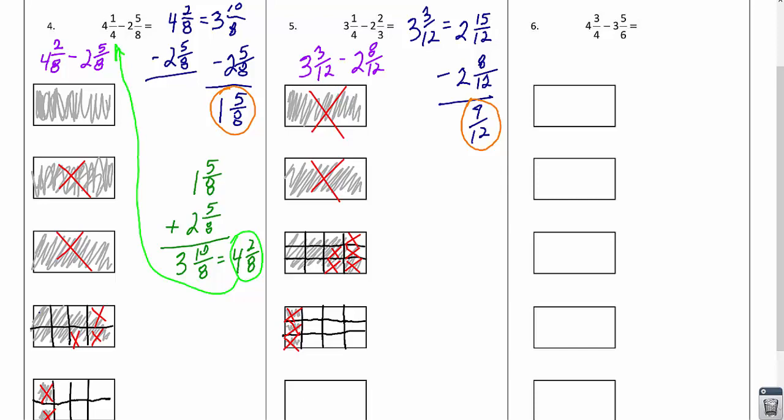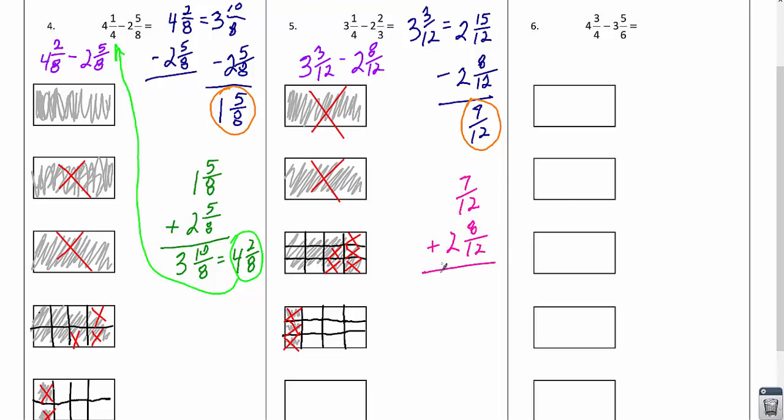Okay? Double checking work. We're going to make it a point to always check this. It only takes a minute, maybe 2 minutes to check it, but that 2 minutes can be the difference between doing it right or realizing, oh, shoot, I messed that up. Oh, there was my simple mistake. So we're going to take the 7/12 and add back the 2 and 8/12.